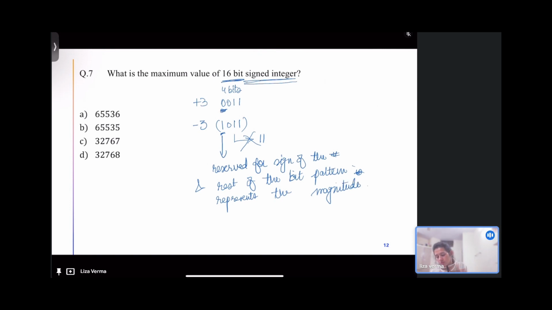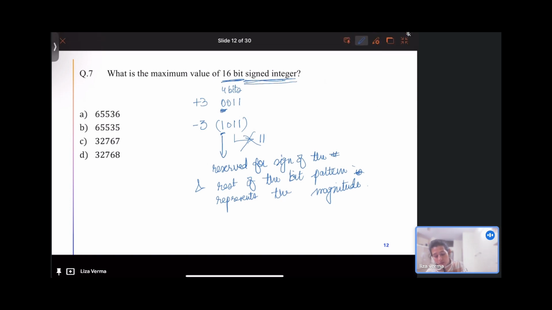right? So the first thing that we need to concentrate on is that the number is a signed integer, and the next thing is how many bits are used to represent the number.